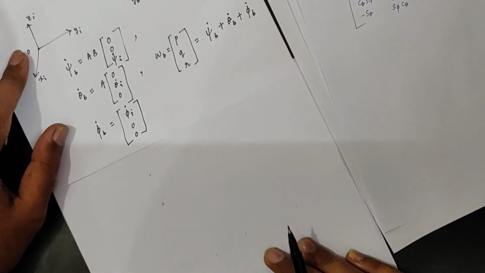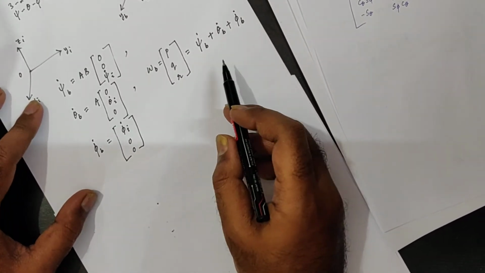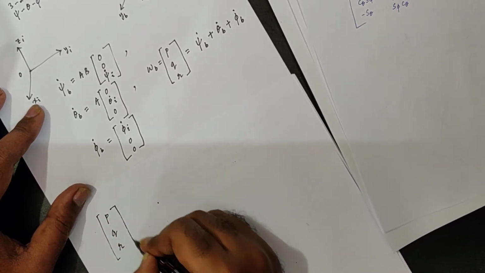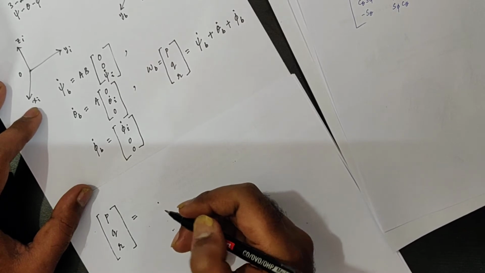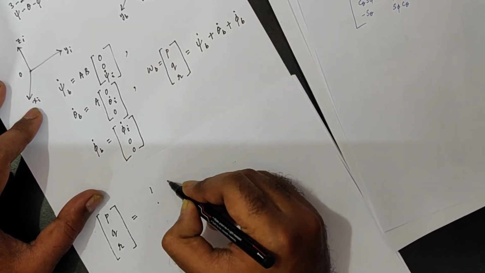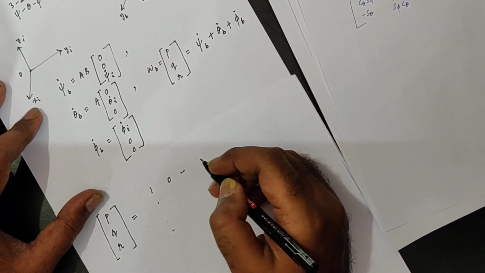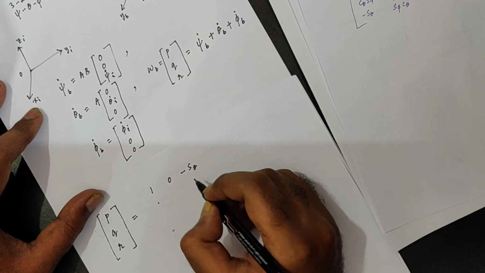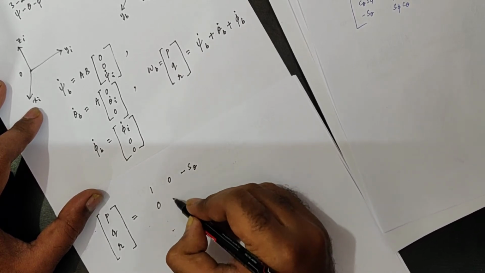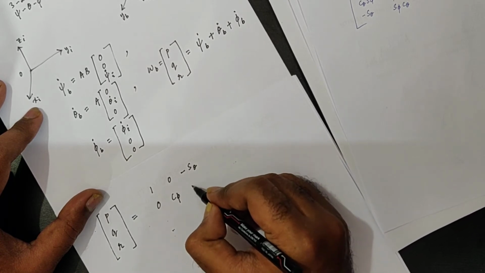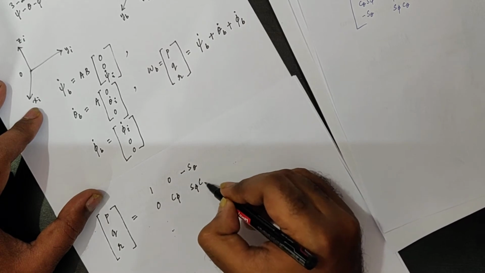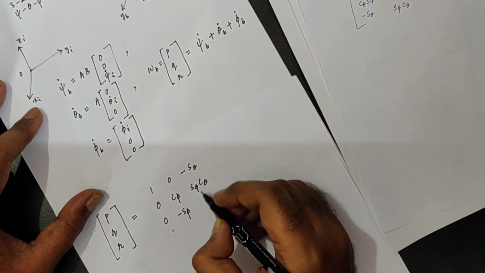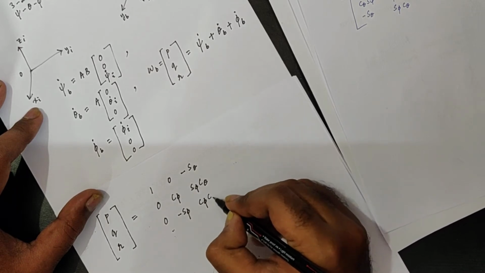Now after this, P, Q, R can be boiled down to 1, 0, minus S theta, meaning sin theta, then 0, C phi, meaning cos phi, then sin phi cos theta, 0, minus sin phi, cos phi cos theta.